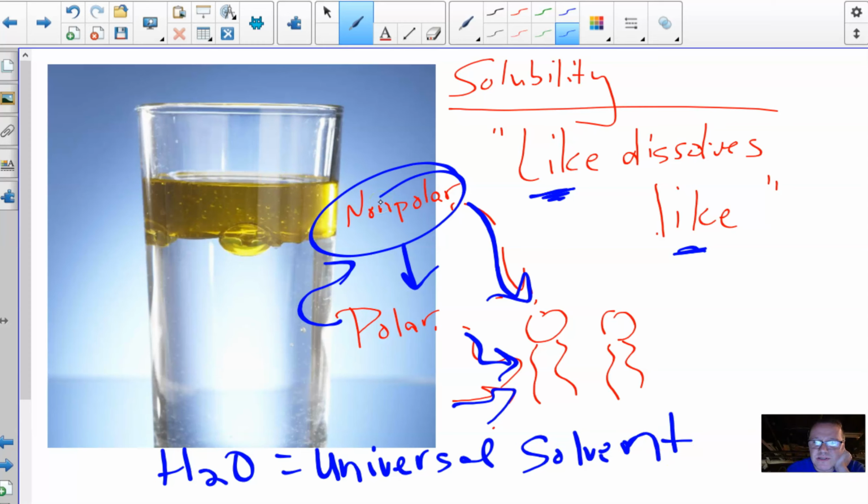All right, so in terms of solubility, that's the conversation with polar and non-polar. Like dissolves like, and the two will not mix.